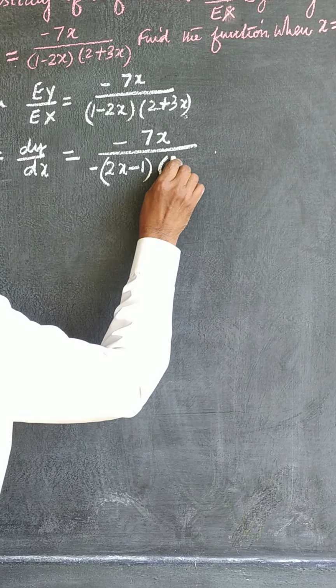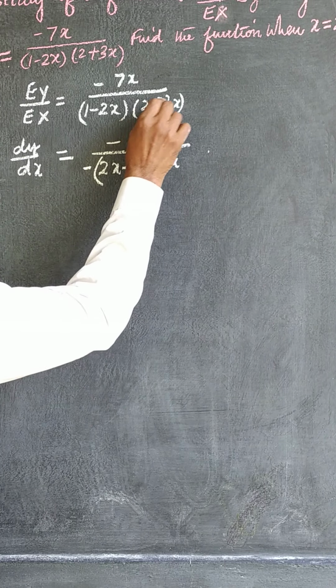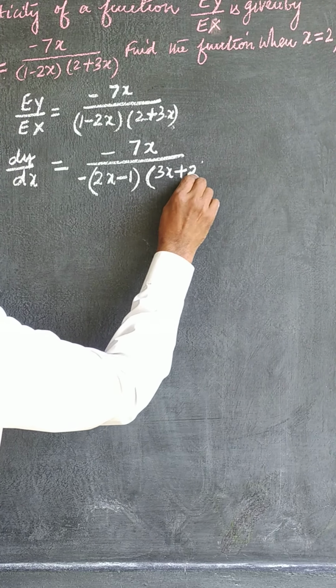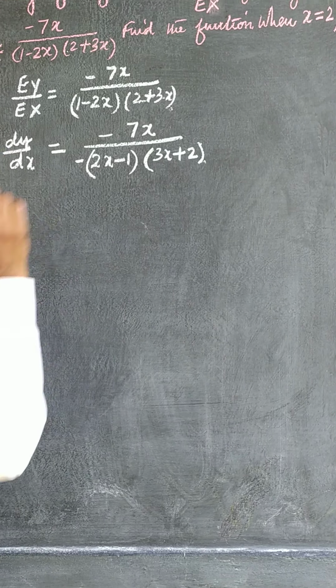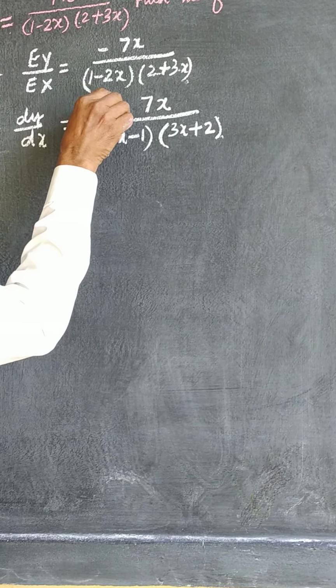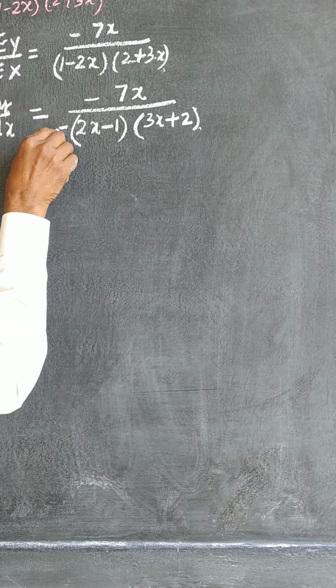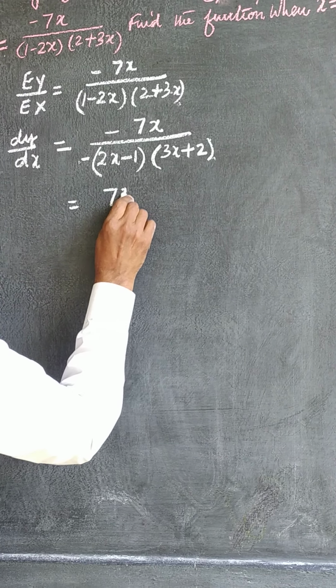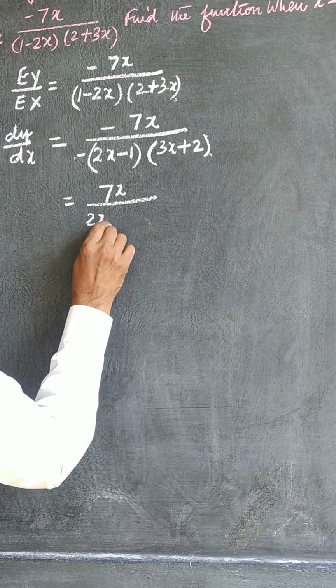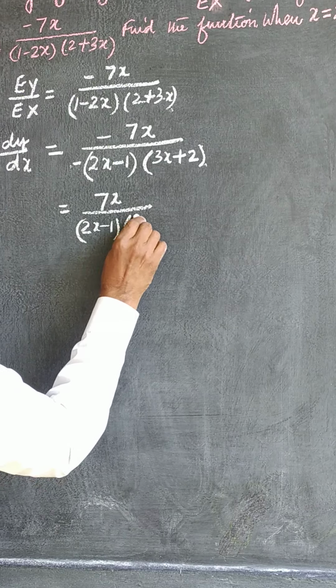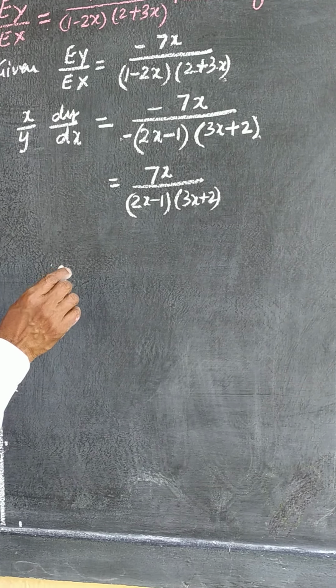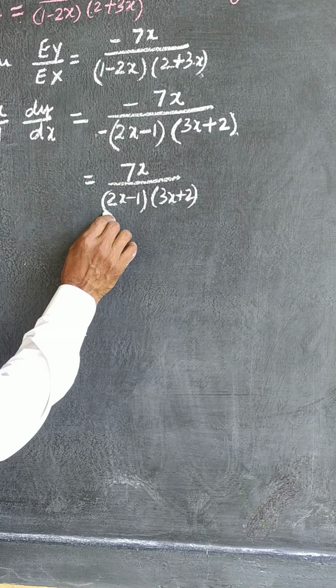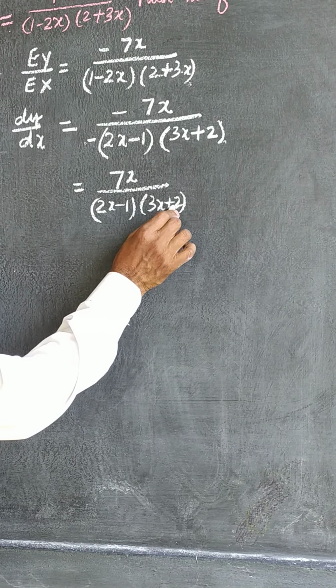Here also, since both are positive, you can simply write like this. Now, this minus in numerator and minus in denominator get cancelled. You get this as 7x by 2x minus 1 into 3x plus 2.